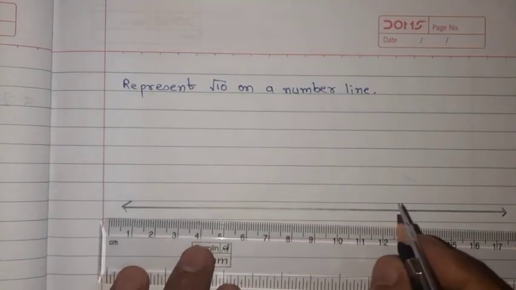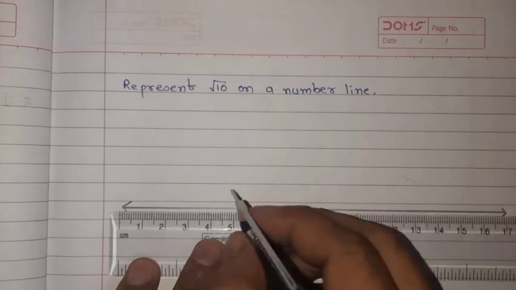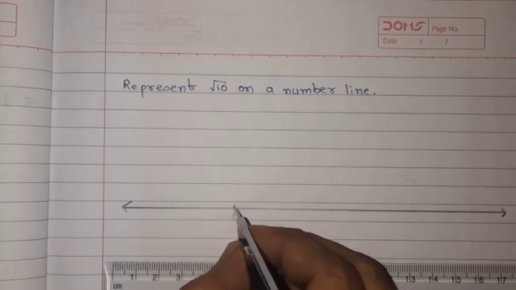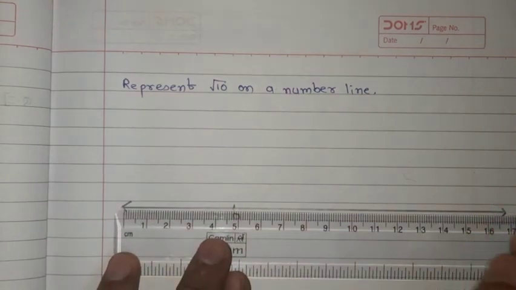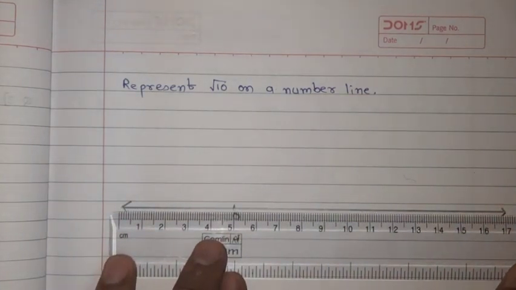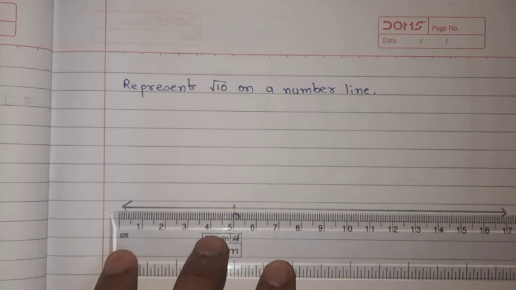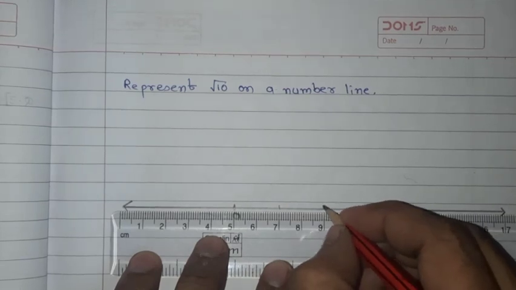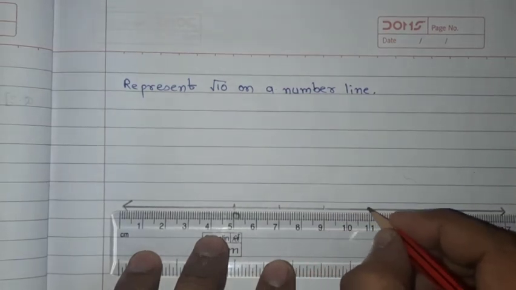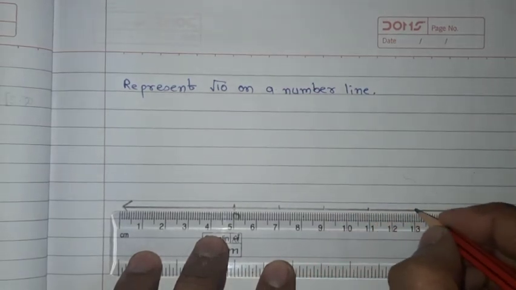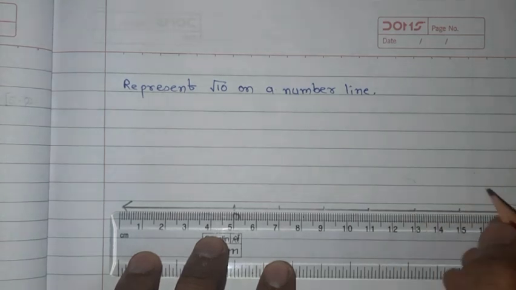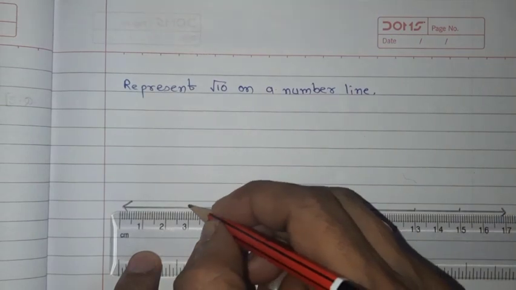After that, suppose we take the origin here, that is 0. As we drew uniform distance between 2 points in the previous sum, similarly we have to take 2 centimeter distance. We can take this distance as 1 centimeter also, or 3 centimeter also, but we have to take uniform distance between every 2 points.